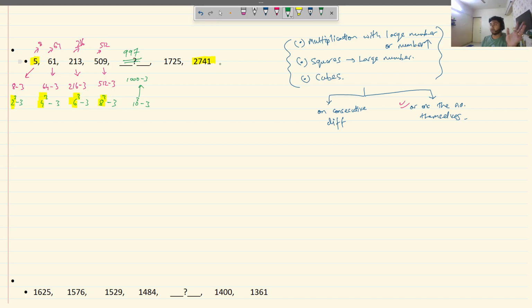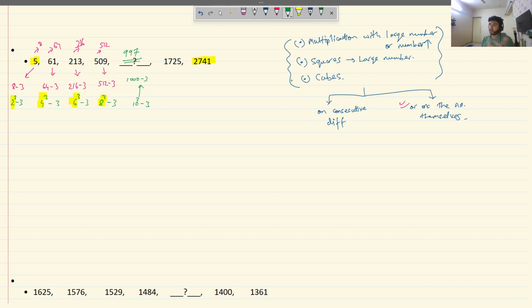I know there must be some multiplication with large numbers, some squares or cubes of large numbers involved, and these can be involved in the numbers themselves or in the consecutive difference, just like in all the previous questions we have been seeing till now.